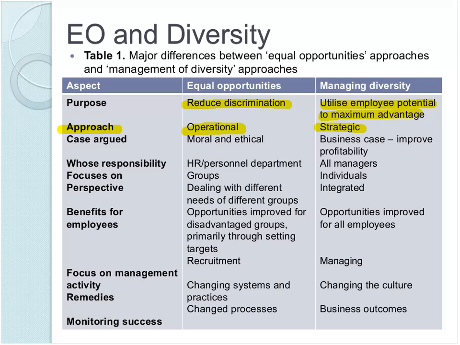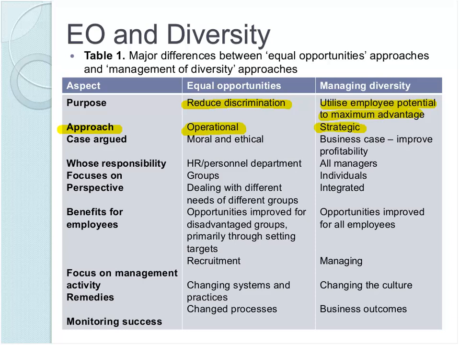In equal opportunities, we're just trying to reduce discrimination and protect the people. But in the management of diversity, which means strategic, we are trying to use those different people efficiently in our organizations to achieve the business goals, the main organization's goals.